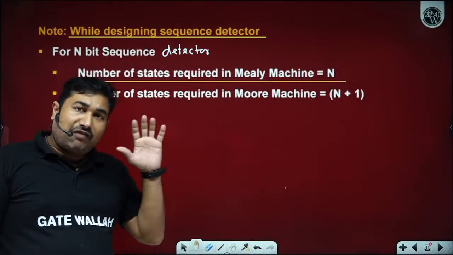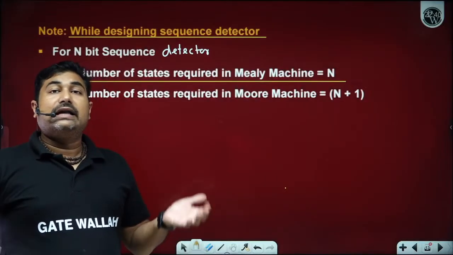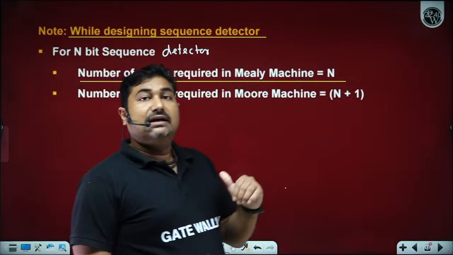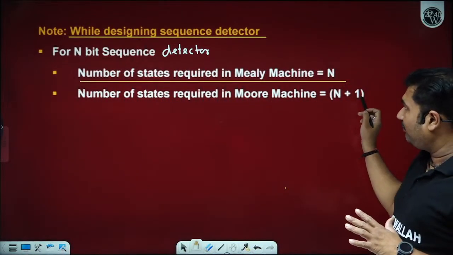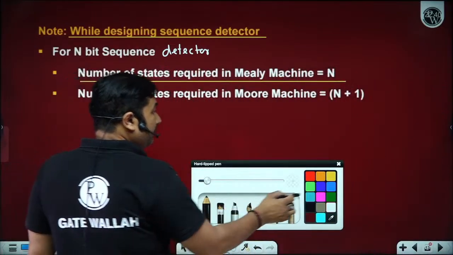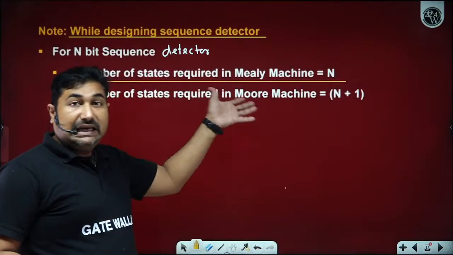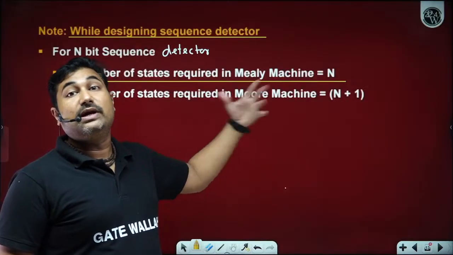However, for a 5-bit sequence detector, the Moore model requires n plus 1 states. So for a 5-bit, it requires 5 plus 1, that is 6 states. So always remember, the number of states needed in the Mealy model is less compared to the number of states needed in the Moore model.